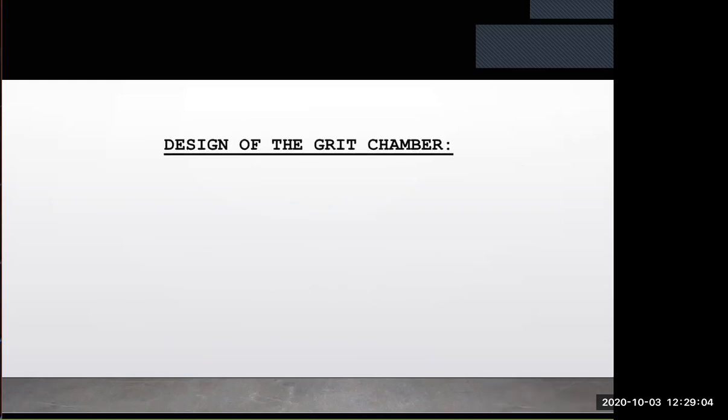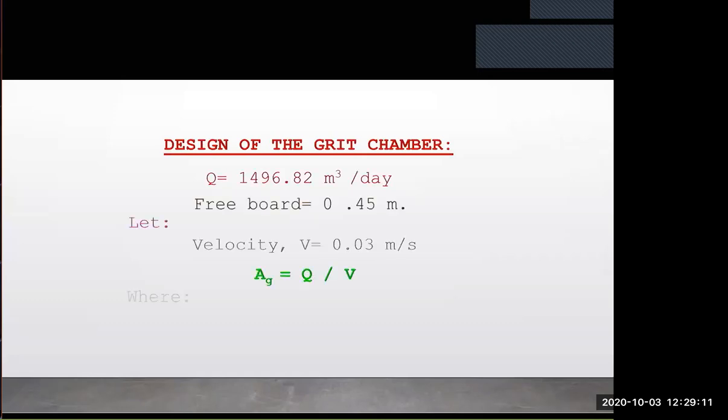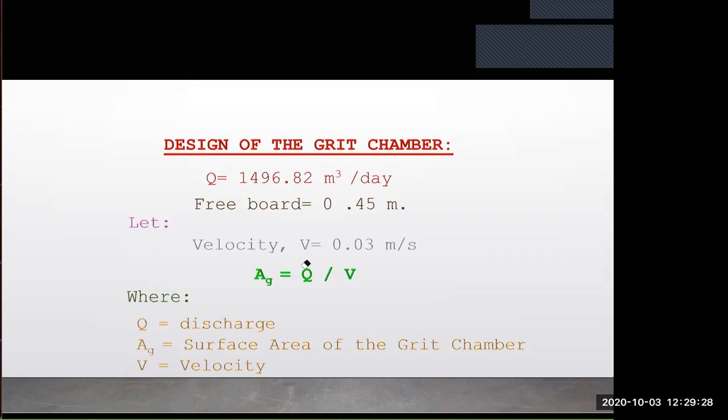So, the first part is to design your grit chamber. Ilagay ko na lang lahat. Ayan. So, your grit chamber should have an area, annotated by A sub G, equal to the flow that is now passing through your grit chamber divided by the velocity.